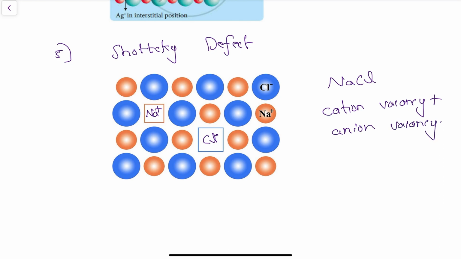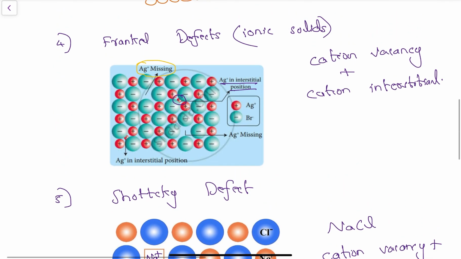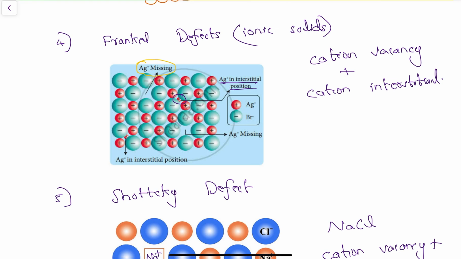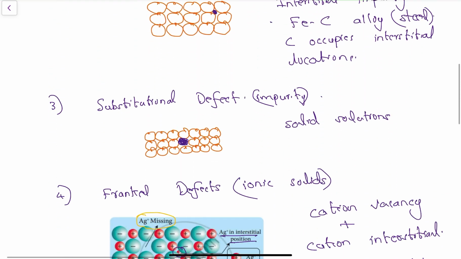Both cation and anion are vacant, so there is no charge imbalance. You should note that in the previous defect, the Frenkel defect, since there is a cation vacancy and a cation interstitial, there is no charge imbalance there also. So this is the difference.